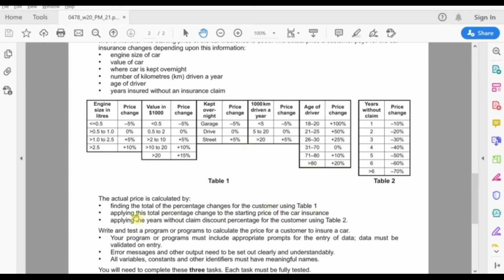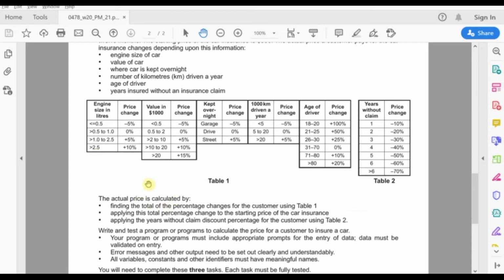And then applying the total percentage change to the starting price, which is $500. So we need first to get the user input. Now we have our variables ready to contain all the user inputs.